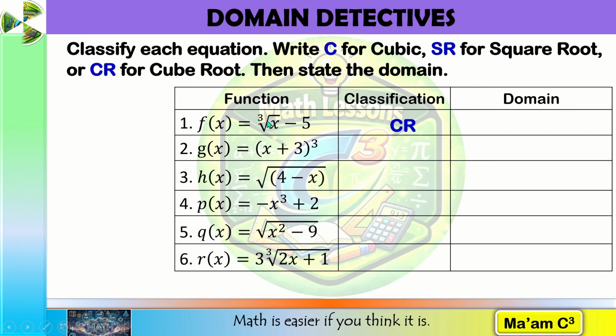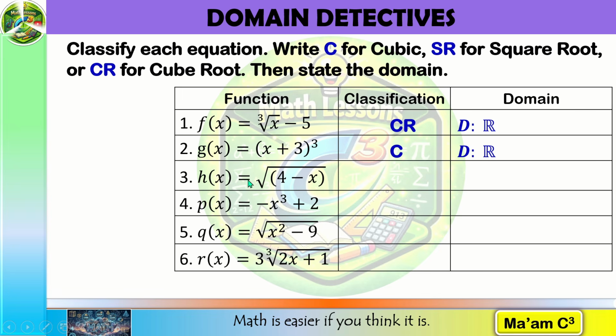So we have CR. And we know that the domain of cube root functions is the set of all real numbers. Number 2, this is raised to the third power, cubic. So we have C. And the domain of all cubic functions is also the set of all real numbers.